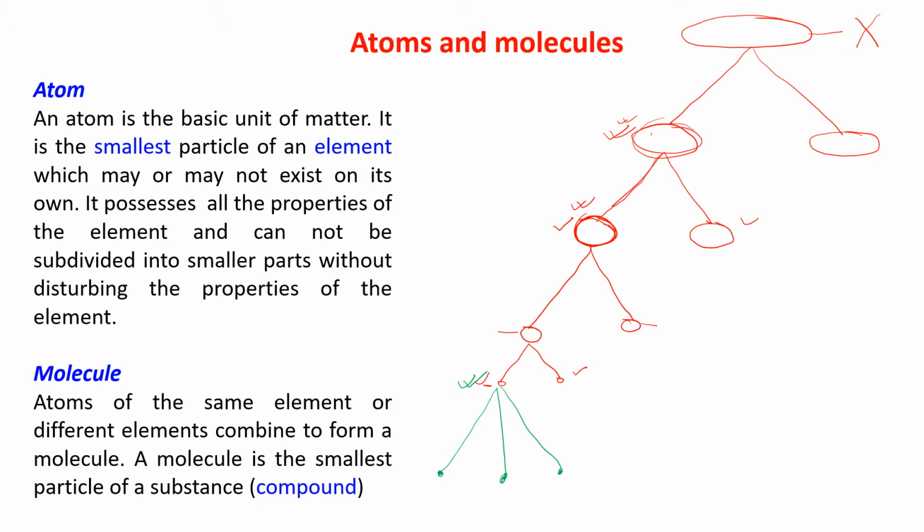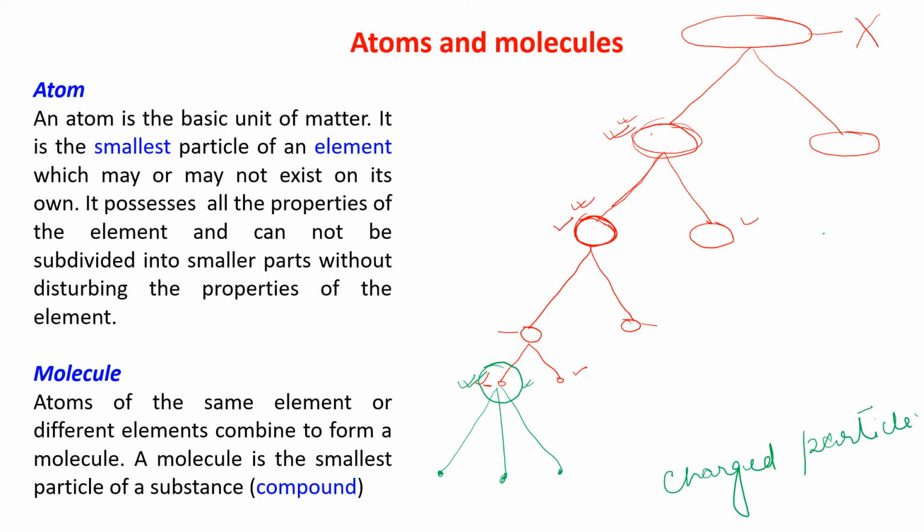These 3 are the charged particles, which have no property same as that of X. That means this is the smallest part where you are getting all the properties of the element, and if you are dividing this smaller part, you are getting 3 charged particles.